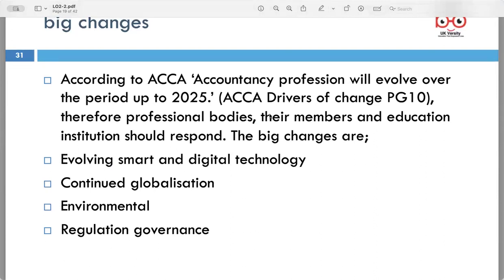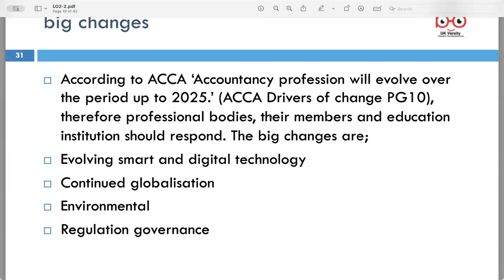Big changes: based on the ACCA drivers of change PG 10 reports, it is said that the accounting profession is expected to undergo significant changes in the years leading up to 2025. Therefore, educational institutions, members of professional bodies and professional bodies themselves should respond to major shifts, including the evolving technology that is both smart and digital.